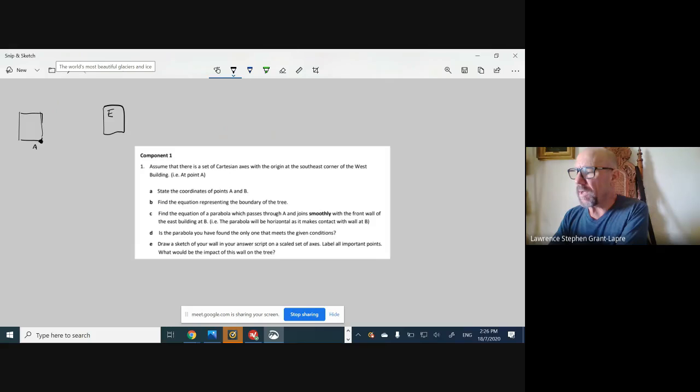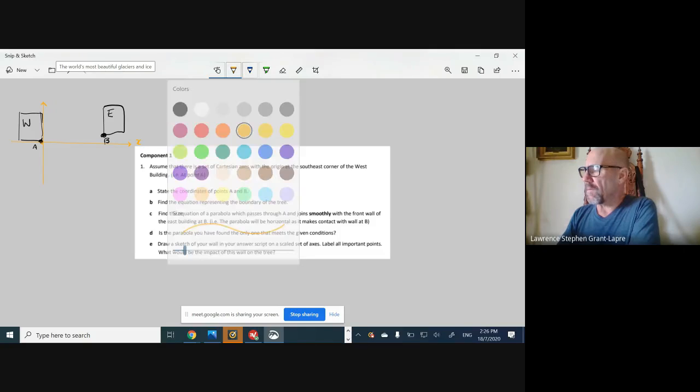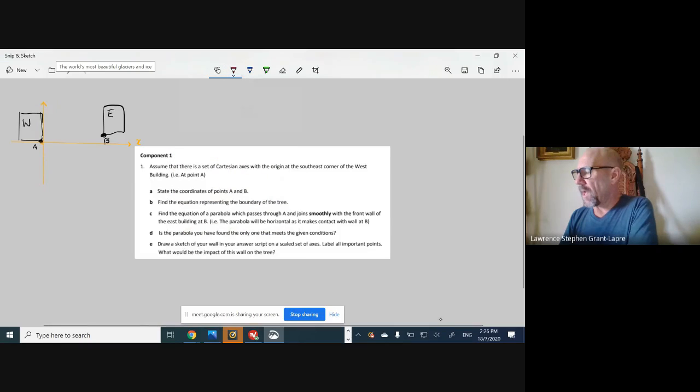You've got a point B. So you understood that there was a y-axis through point A and an x-axis through point A. Now, what are the coordinates of the point A? Point A is 0, 0.